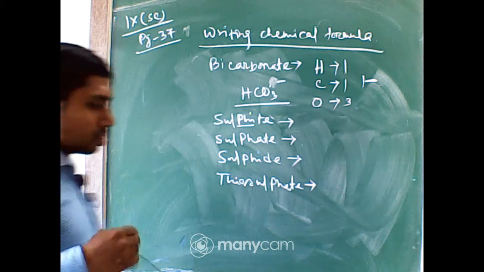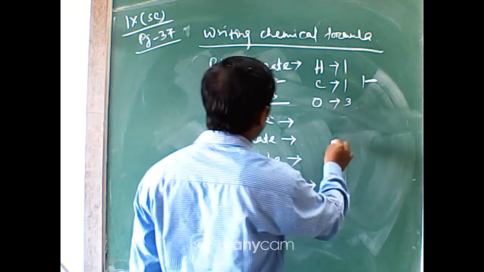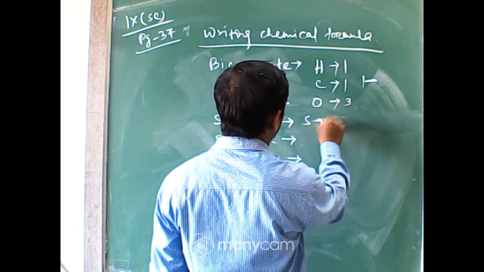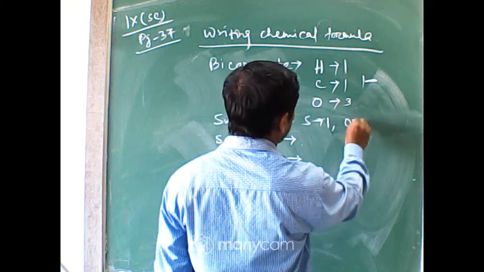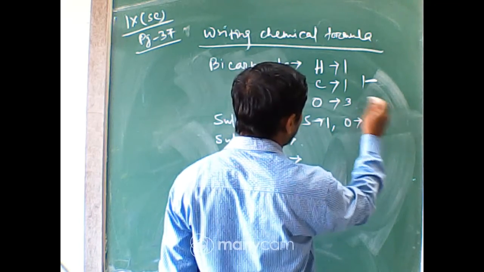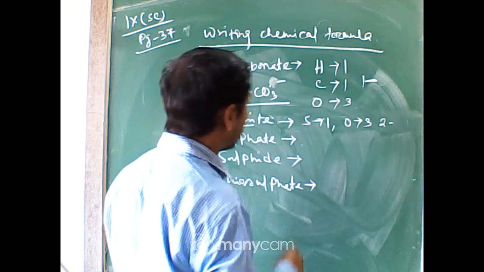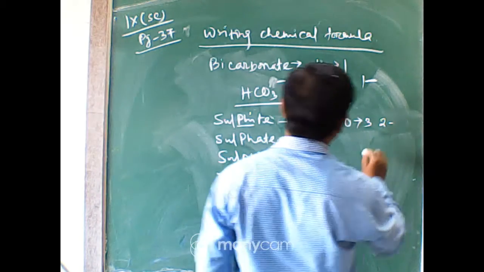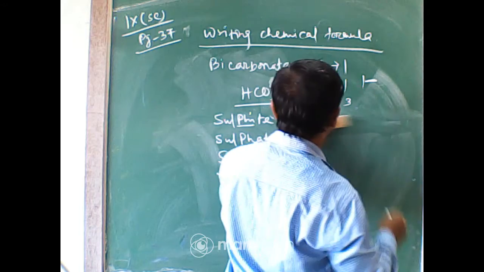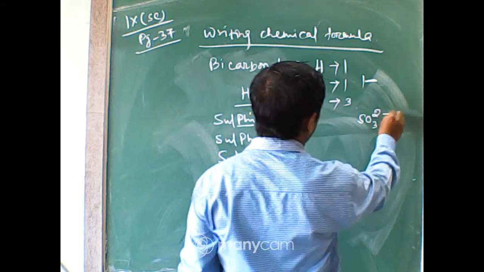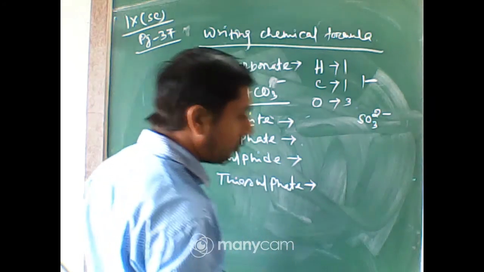First one, sulfite. Here the composition is sulfur, that is 1, oxygen, that is 3, and the charge is 2 minus. So, how to represent it? I am writing down the formula for this: SO3 2 minus, it is for sulfite.